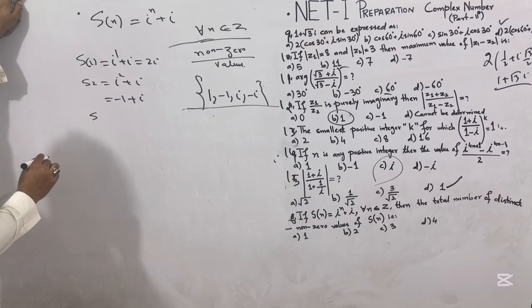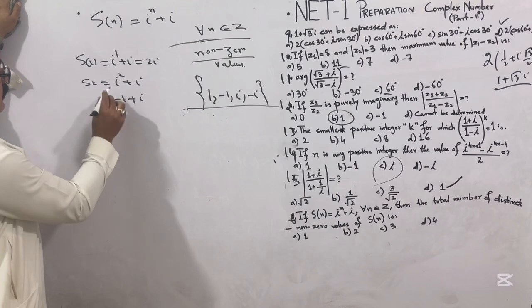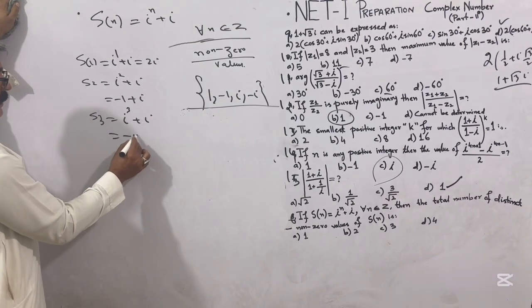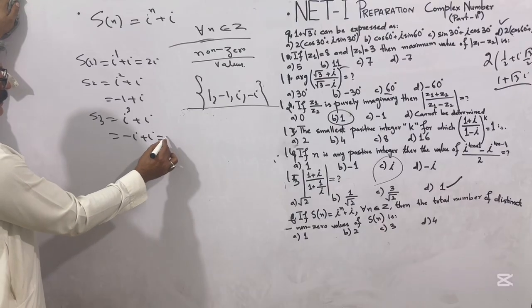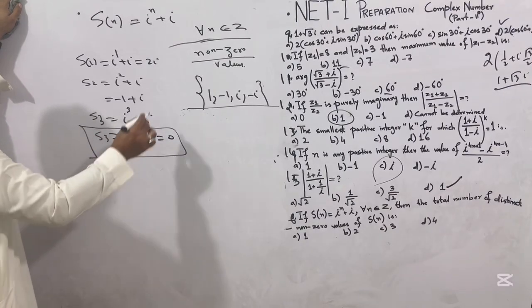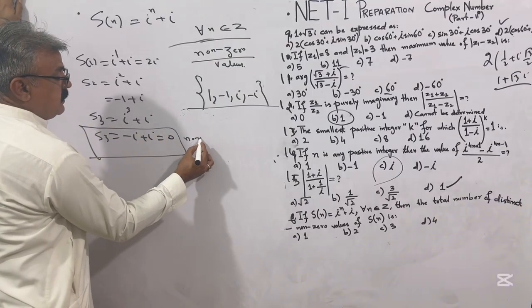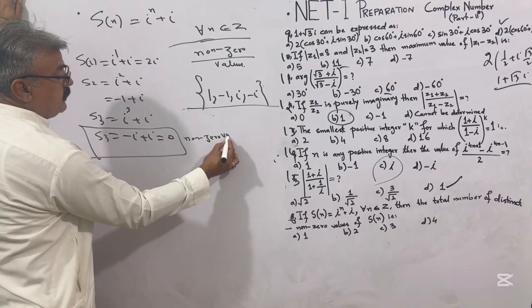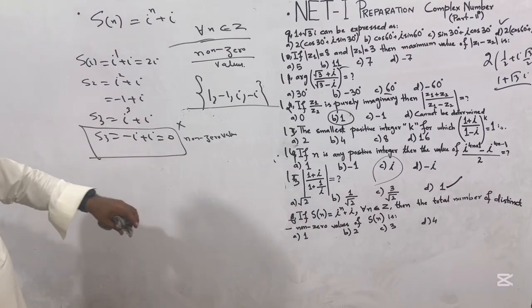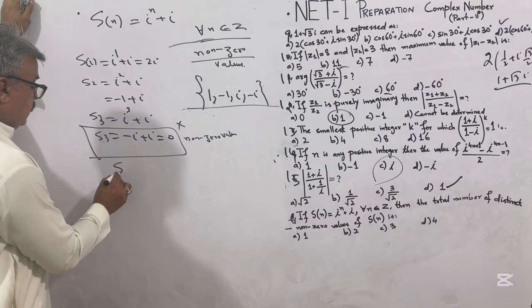S3 now: S3 means iota cube plus iota. Iota cube means minus iota plus iota. It is equal to 0. We cannot accommodate S3 because we are interested in non-zero values. So this is not in our domain. We exclude this one. What about S4?